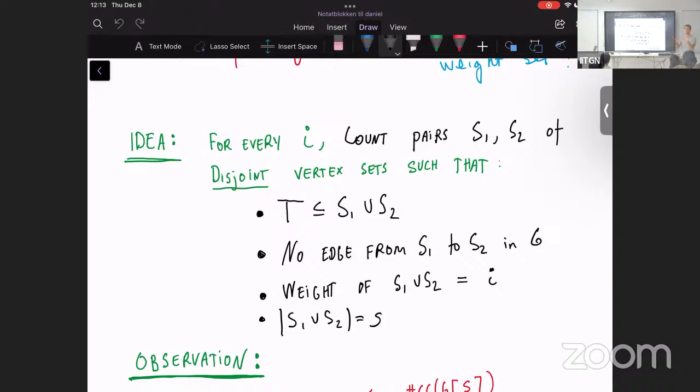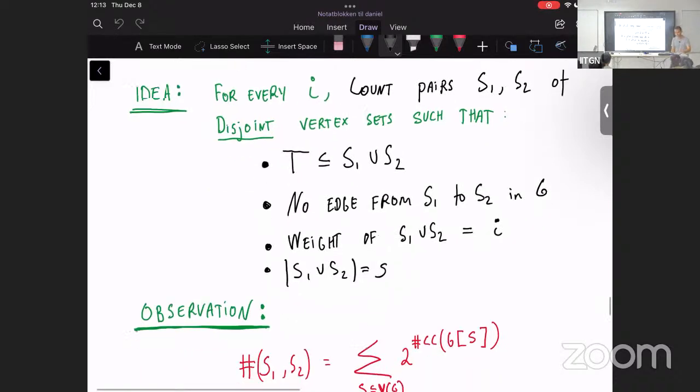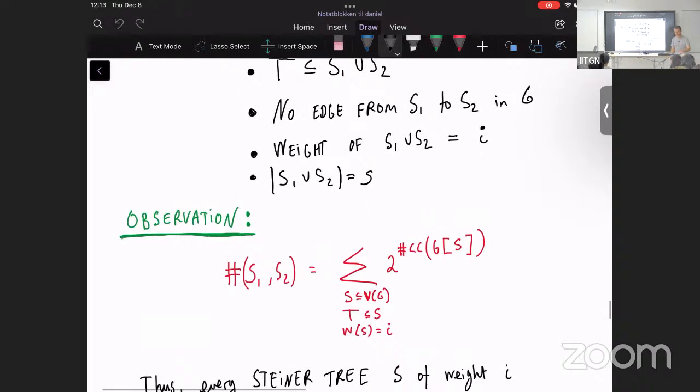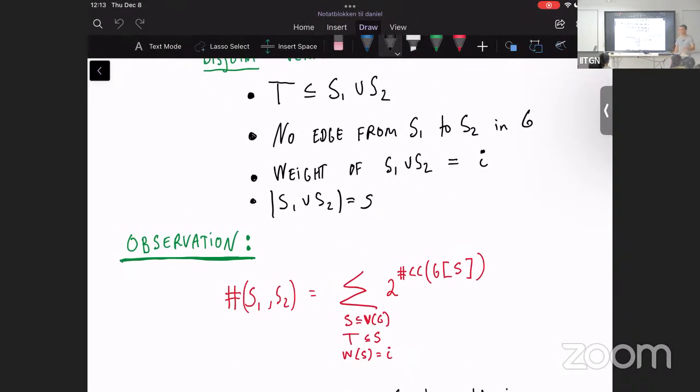So they're going to be counted, right? All partitions of it will be counted. So in particular, for every set S, the number of pairs S1, S2 it contributes to is just 2 to the power the number of connected components of the graph induced by that set.